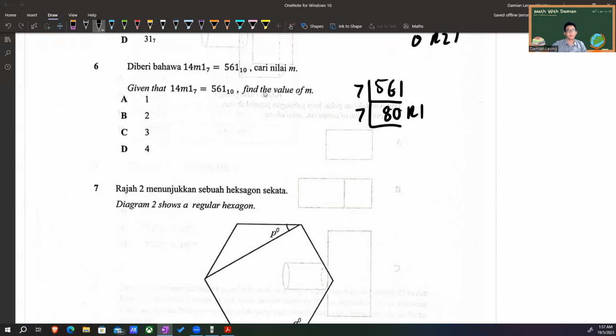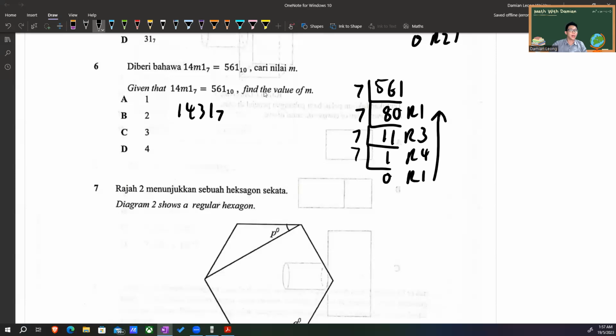Divided by 7, 11, remainder 3. Divided by 7, 1 remainder 4. Divided by 7, 0 remainder 1. So take the remainder from bottom to top. 1, 4, 3, 1 base 7 means M is 3. Answer C.